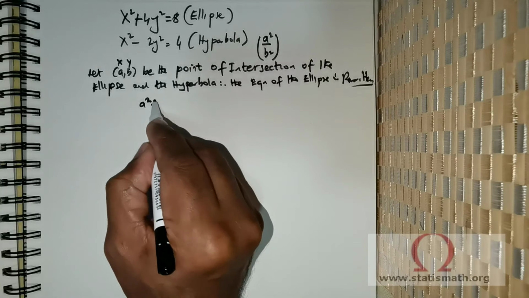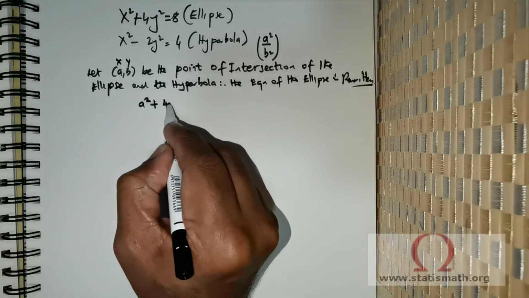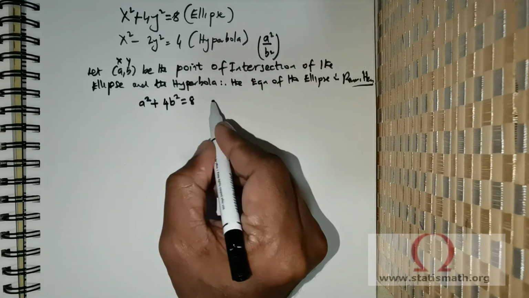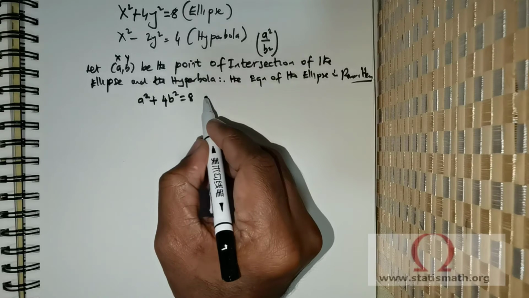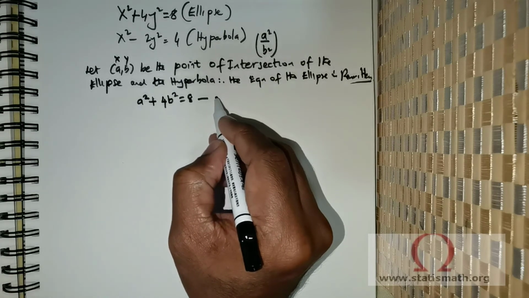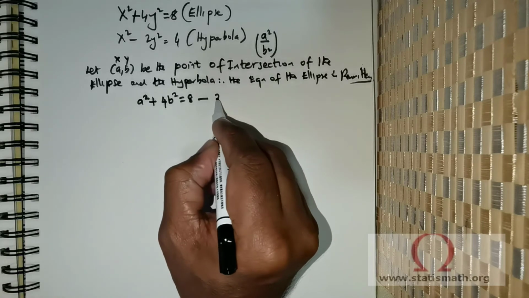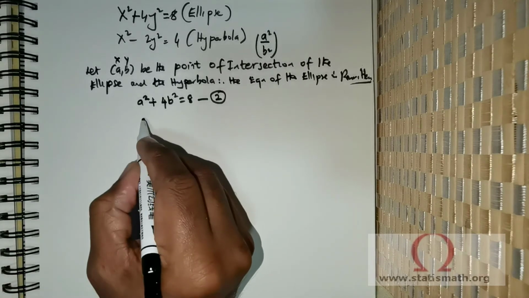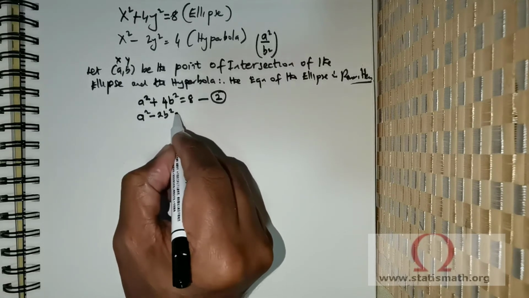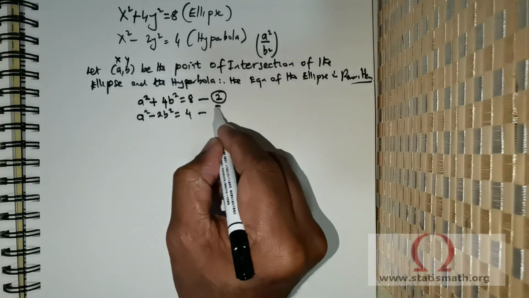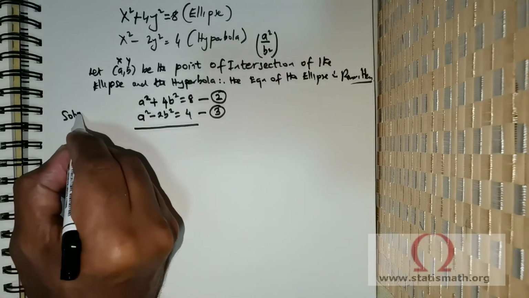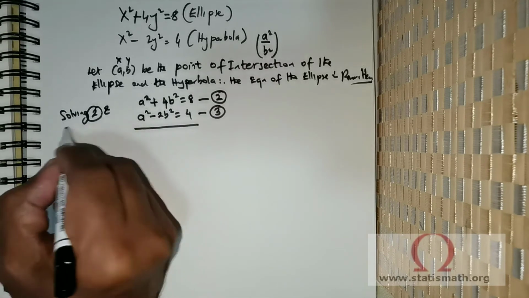So that's a squared + 4 times b squared = 8. This is the ellipse equation, let me take it as equation 2. The hyperbola would be rewritten as a squared - 2 times b squared = 4. Let me take it as 3. Now I'm going to be solving 2 and 3.